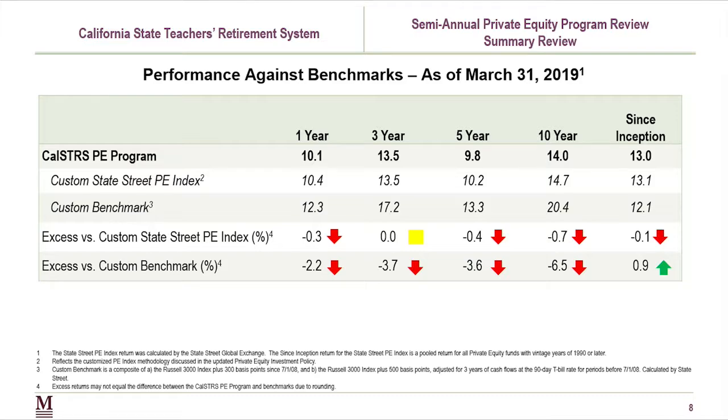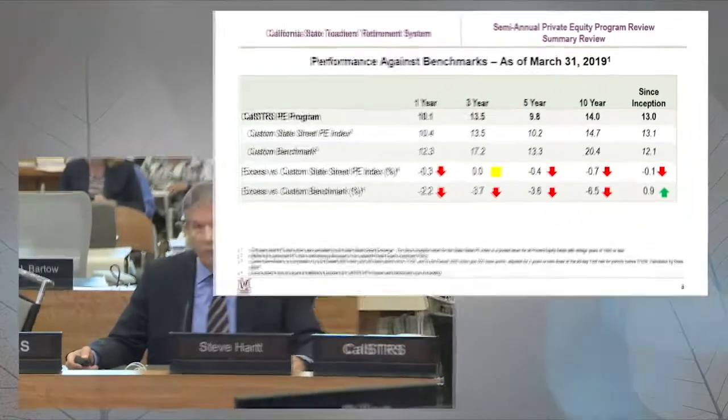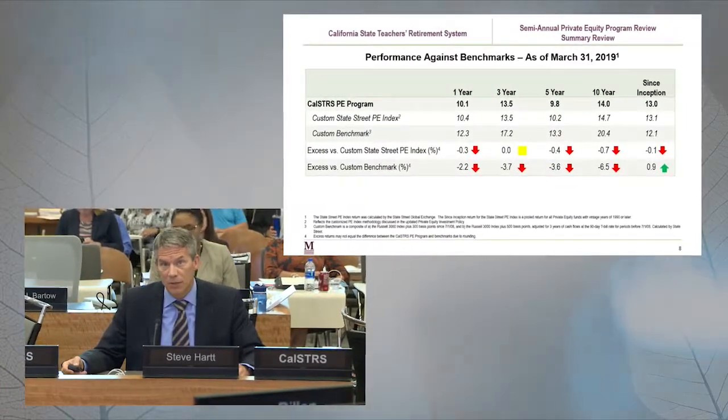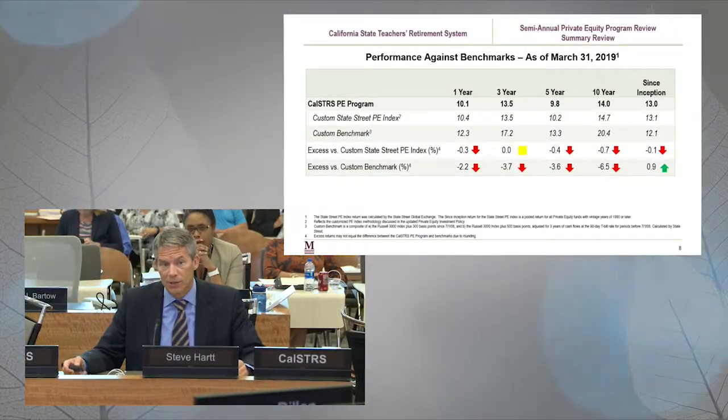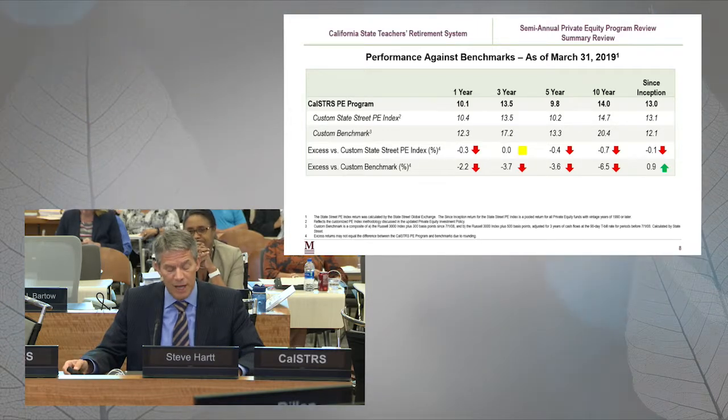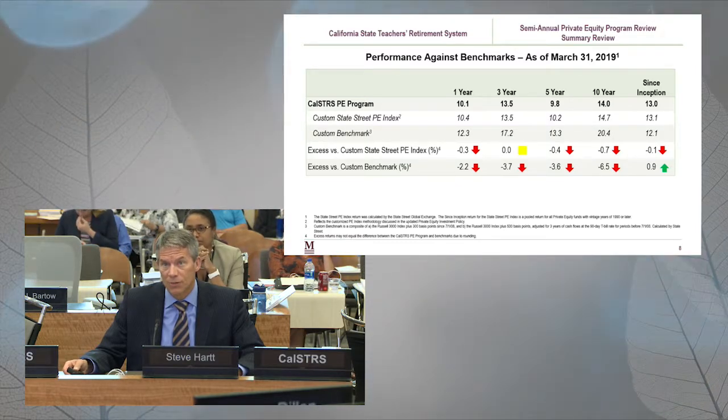But against the benchmarks here, we have two of them, the custom State Street PE index, which is customized to reflect the CalSTRS portfolio dynamics. That return is really close to the portfolio. The portfolio is quite close to that, within spitting distance, and that's been getting a little bit closer.